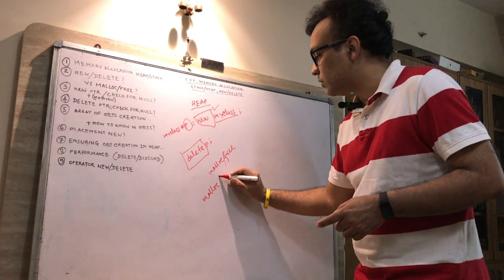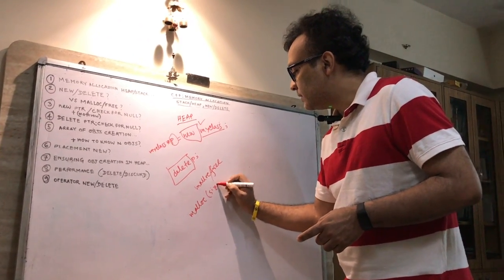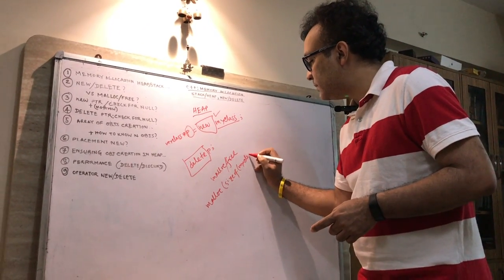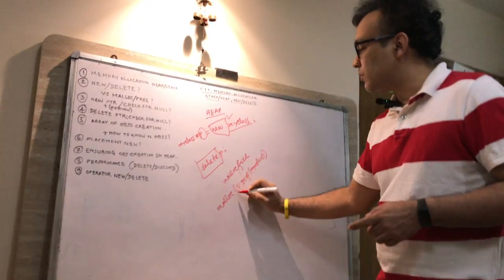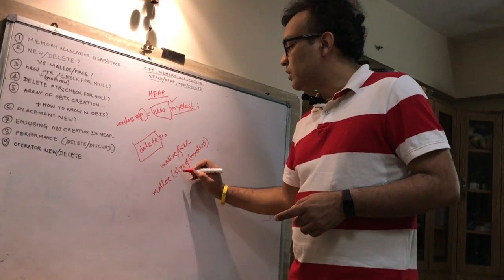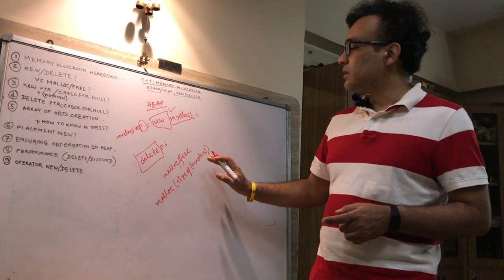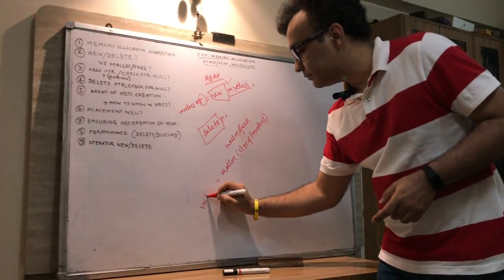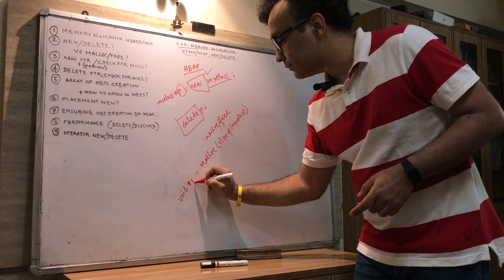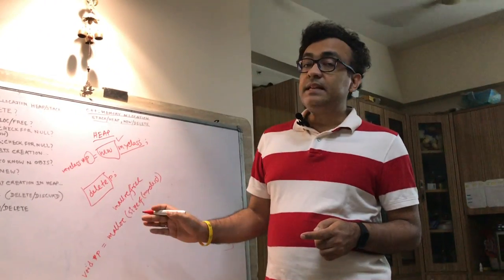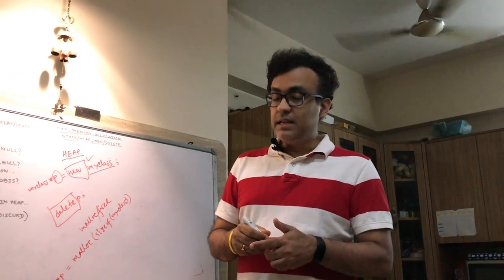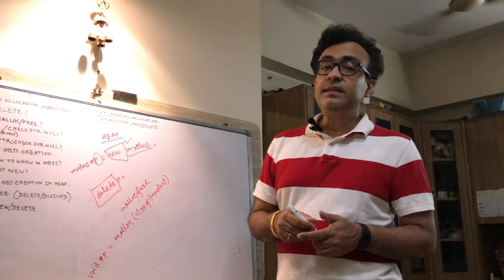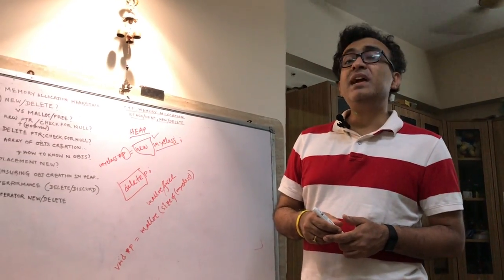Whenever we do a malloc, we use the sizeof operator and write the class name. That means it will allocate the memory for the class object, but it returns a void pointer. This creation of the void pointer can lead to a disaster in C, because in C a void pointer can be converted to any pointer.